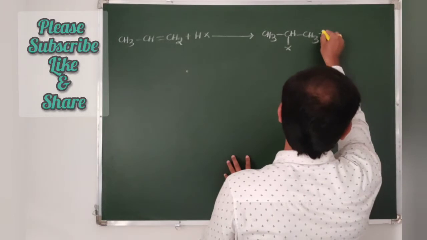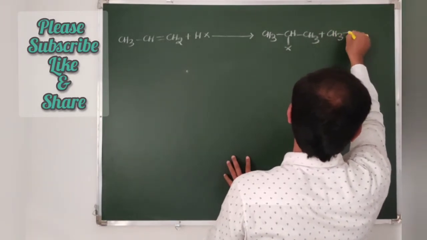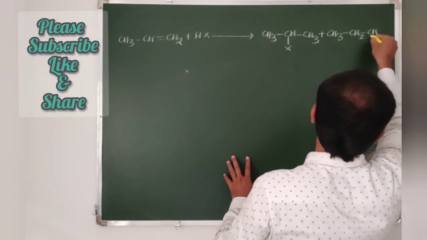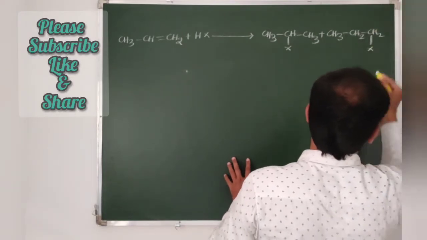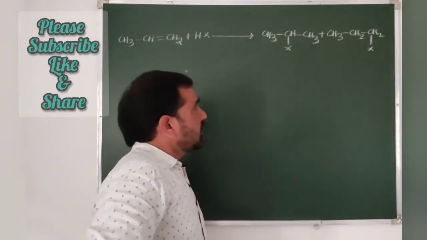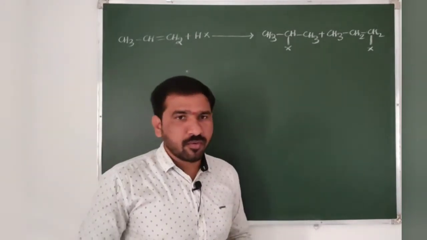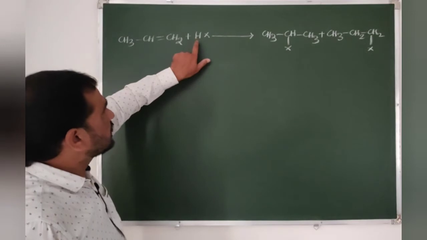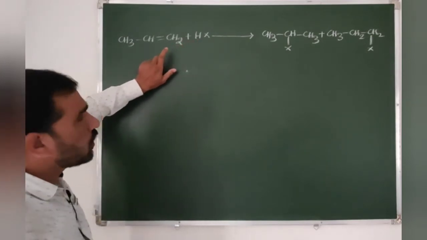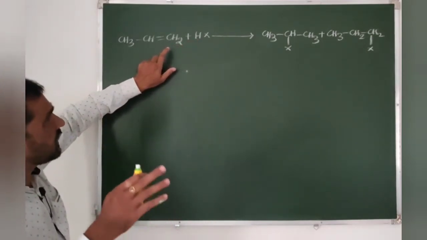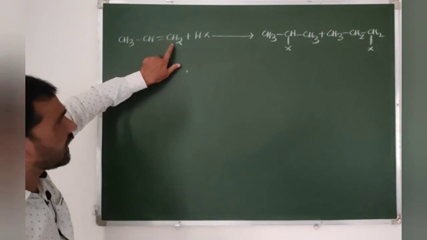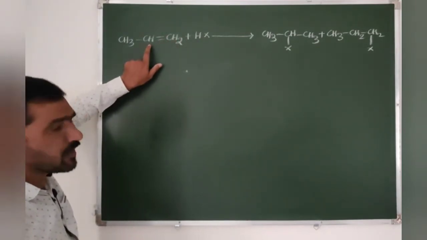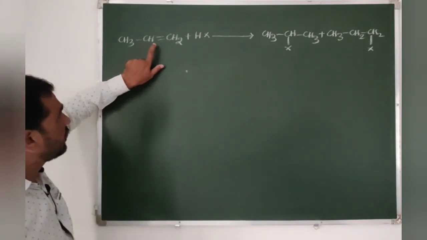Second compound CH3 CH2 CH2X, right? According to Markovnikov rule, from HX, H plus added to more number of hydrogens containing double bonded carbon, X minus added to less number of hydrogen containing double bonded carbon.